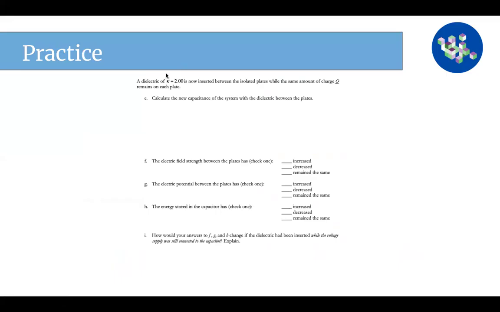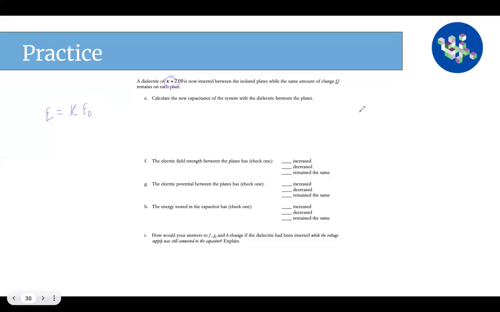Dielectric, oh, I see. A dielectric with kappa equals 2.00 is now inserted between the isolated plates while the same amount of charge Q remains on each plate. By the way, what this means is that epsilon would now equal kappa times epsilon zero.